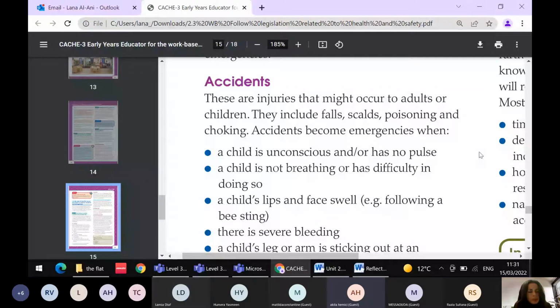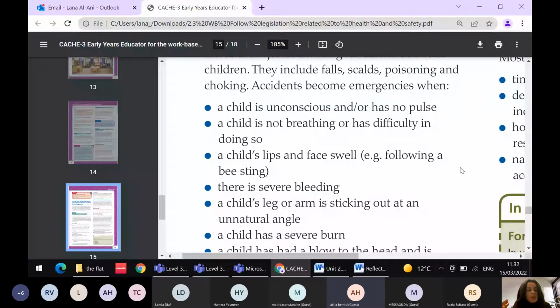So, for example, what kind of accident can happen? Children might be choking on food, or not able to breathe because he's got asthma and suddenly he didn't have the asthma pump with him. A child may have severe bleeding.